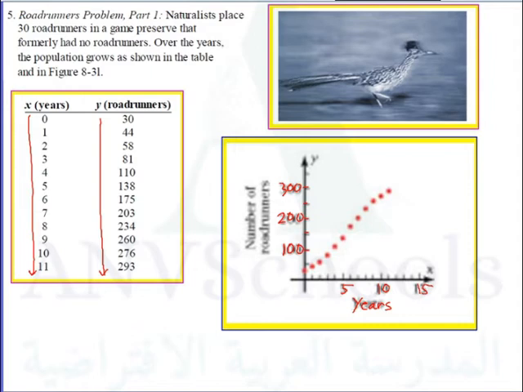And these are the number of roadrunners. And the x here is the number of years. Okay. Now the plot is something like this.